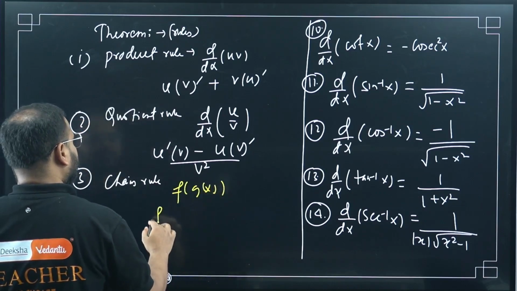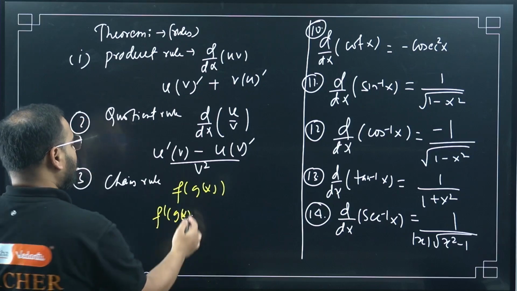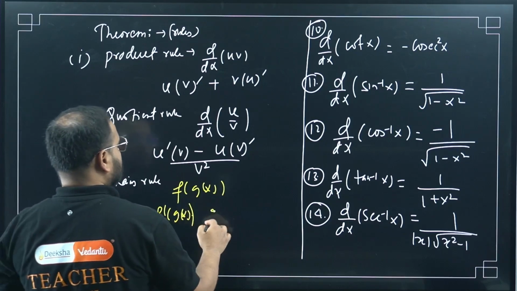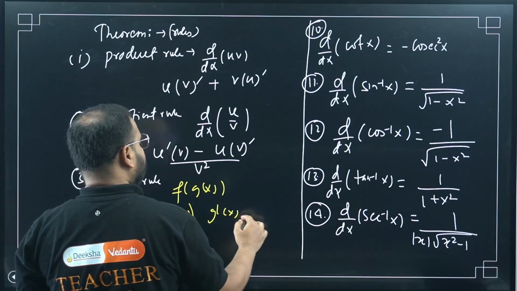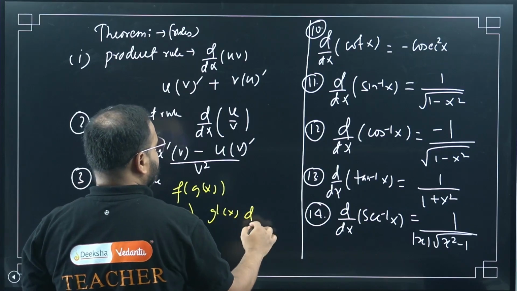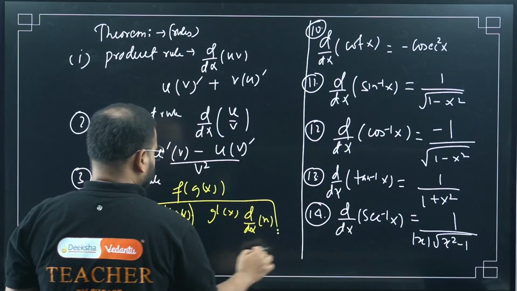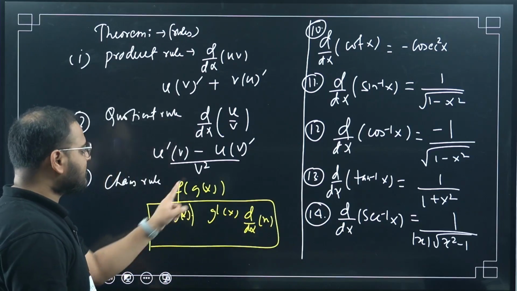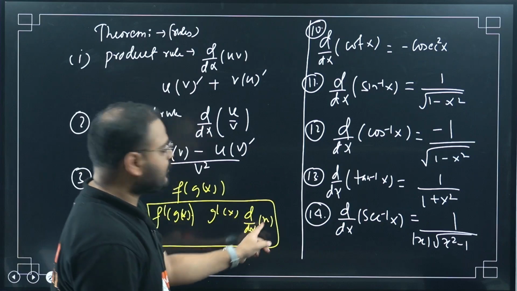First we'll take the derivative f dash of g x, and then we'll continue with g dash of x, and then differentiate x also. So first the first function, then the function which is inside the function, then the polynomial or whatever is coming for x, you have to differentiate that part also.